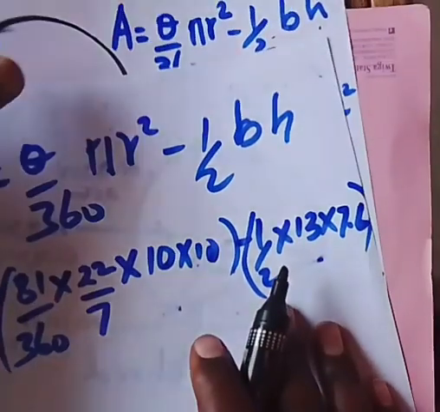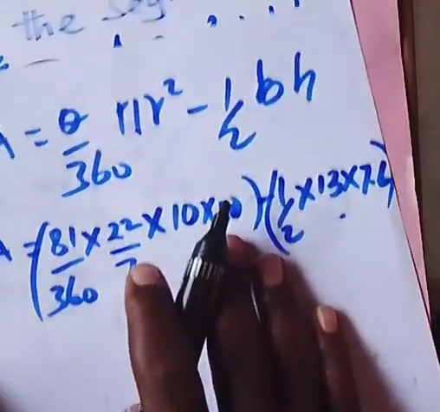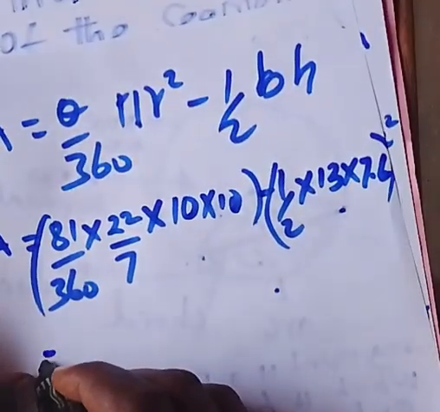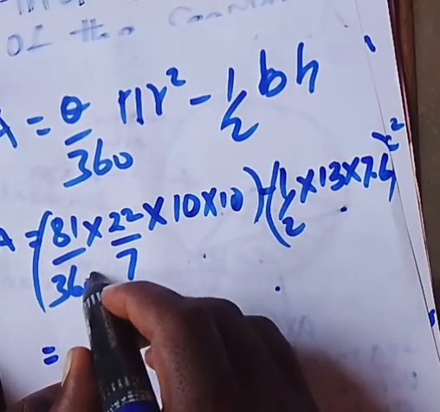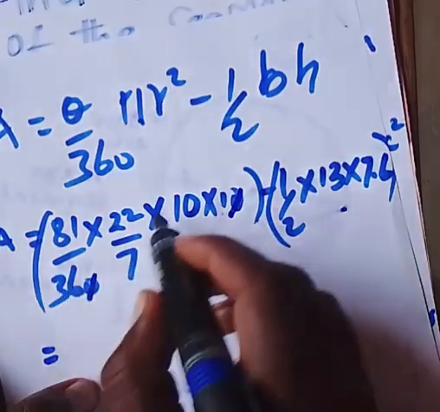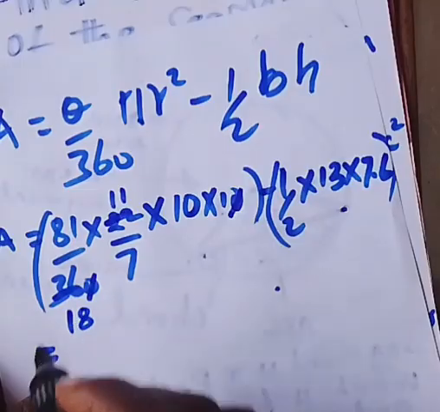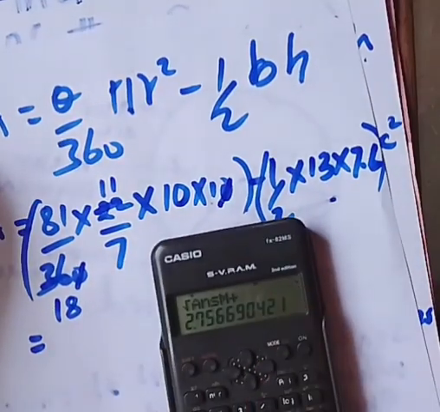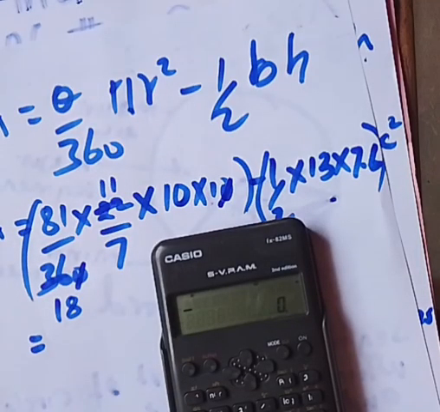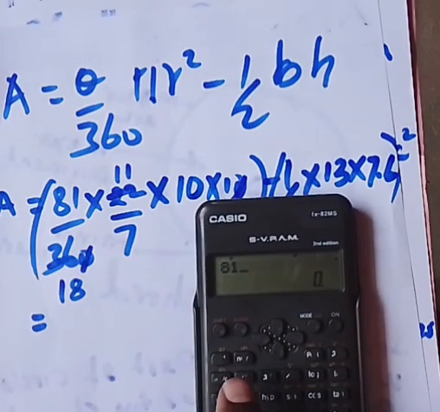So let's simplify the first part, the first part of the sector. There's nothing much you can simplify, but you can just cancel this 0 with this 0. Then you have by 2, 11, and by 2, 18. So now let's use a calculator. There's a simple way to multiply fractions using a calculator. You can just say it is 81. There's a button written as ABC here.